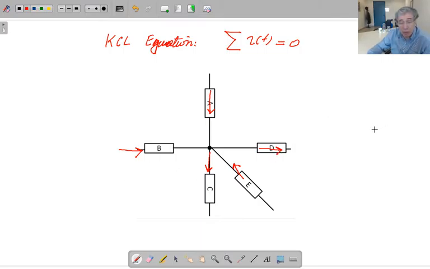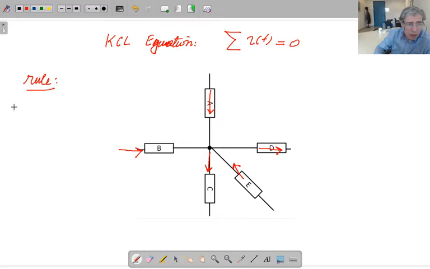But for the algebraic sum, how are we going to make the decision about the sign of these element currents? There is a rule. I'll write a rule down here.